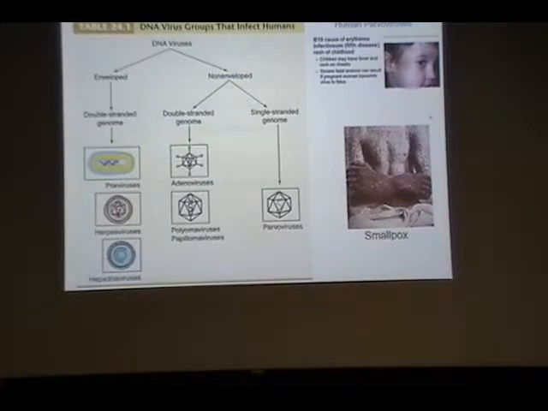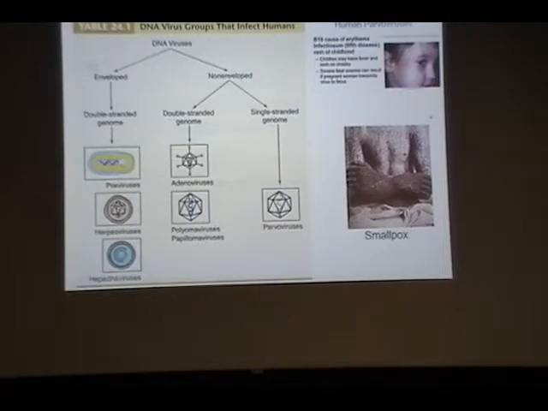It's just a free viral particle. The envelope comes from the cells from which the viruses are produced. When the viruses are produced from the cells and get out of the cell, they will acquire the membrane, which I will talk about later on.